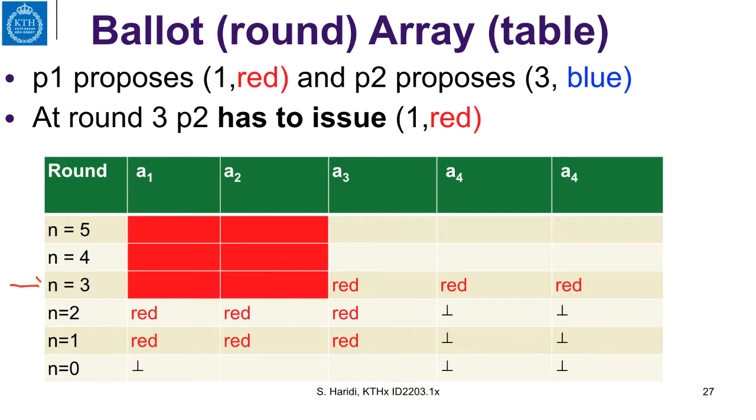At round 3, the proposer P2 has to propose the value red. It cannot issue another value except red. So if we can achieve that, we can make sure that the proposer at round 3 proposes the red value, then the red value will be accepted. And if the red value is accepted by a majority of acceptors, it will be the chosen value.